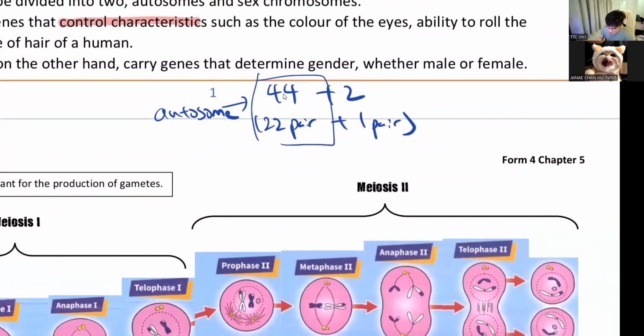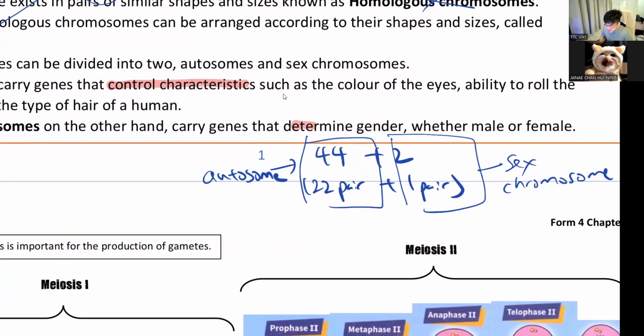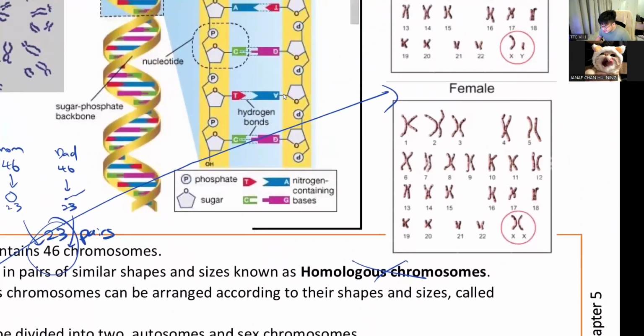And then the last pair, or the last two, we call it sex chromosome. Why is it the sex chromosome? Because they only determine one thing. They determine your gender. All right, I'm sure you heard of this before.